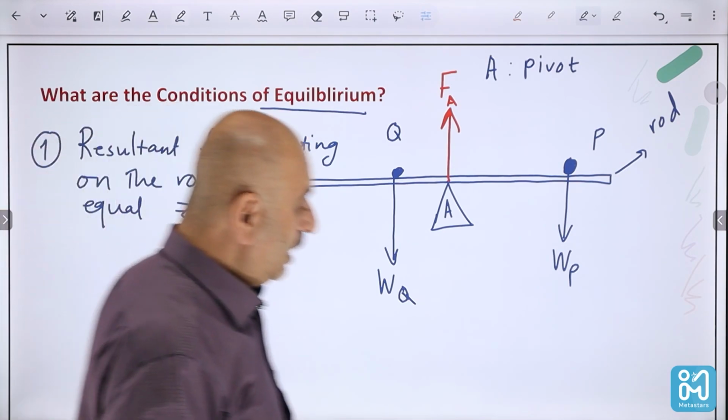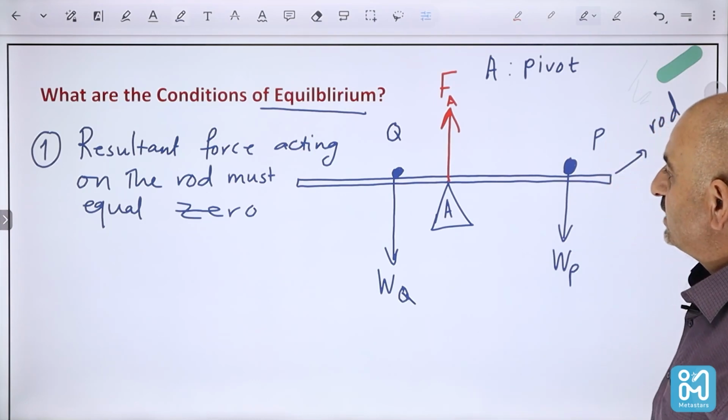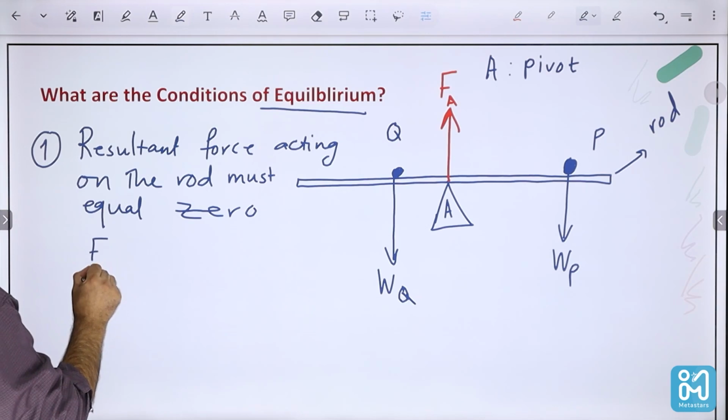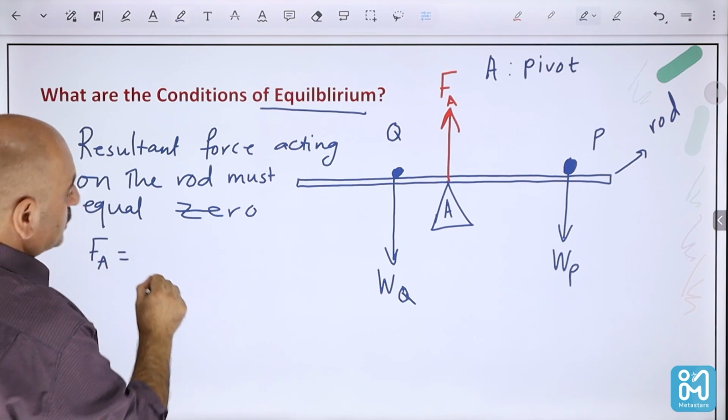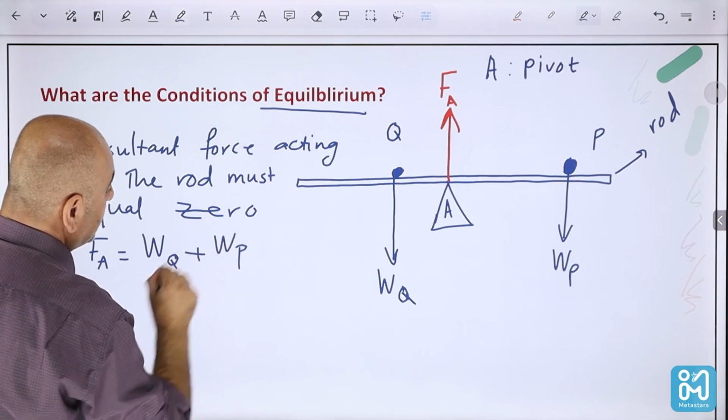Which means the upward forces must equal the downward forces in this case. So the upward force, which is FA, must equal what? The downward forces, which is weight of Q plus weight of P. That's the first condition.